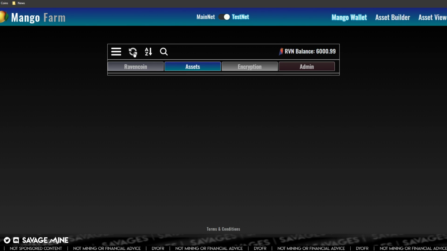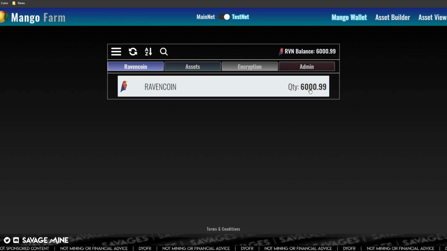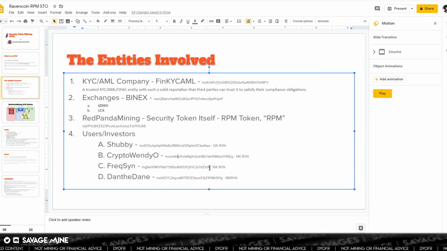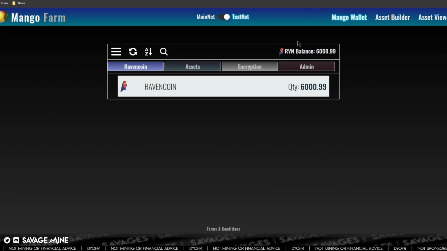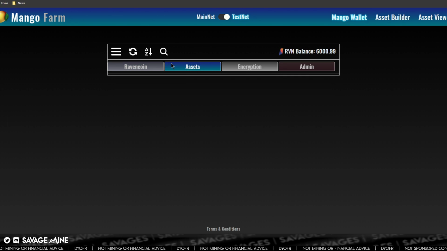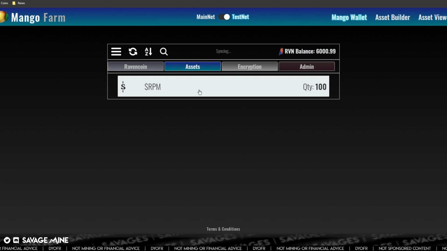This one would be 16,000. So who was that? Oh, that was FreakSend, yeah. So the other wallet was the last one I did. So this one, whenever I do a refresh on assets, it should work. Yeah. So now he's got 100 of the RPM STO tokens that he purchased with his Ravencoin.